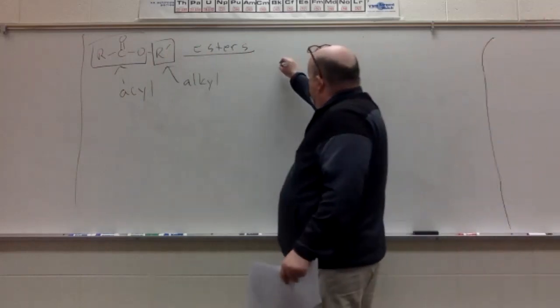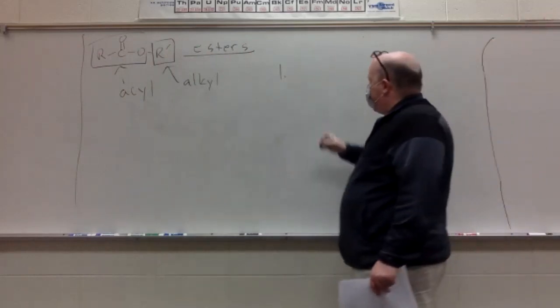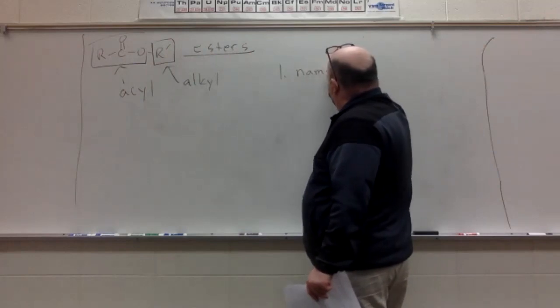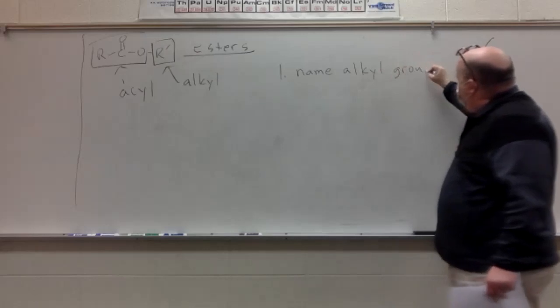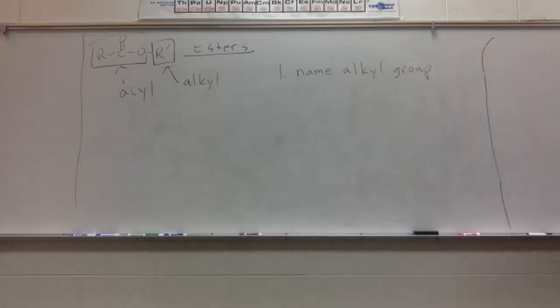Being able to recognize those two parts will help you as we go through the rules here. The first thing you do whenever you name an ester is you name your alkyl group. And you name it as an alkyl group. So it'll be like methyl, ethyl, propyl, isopropyl, whatever.